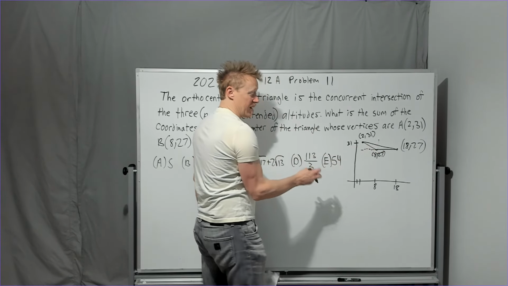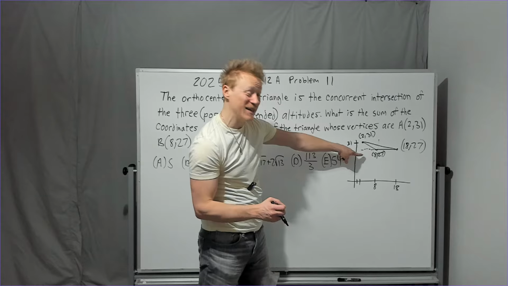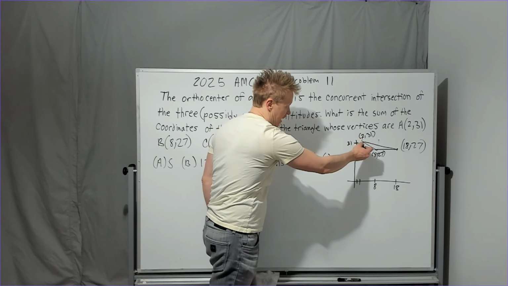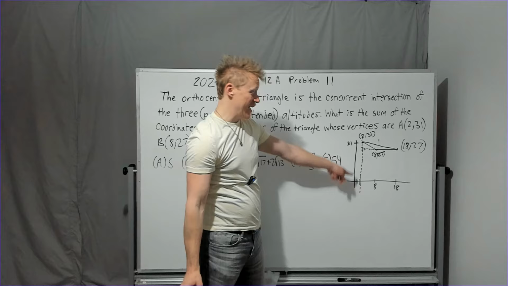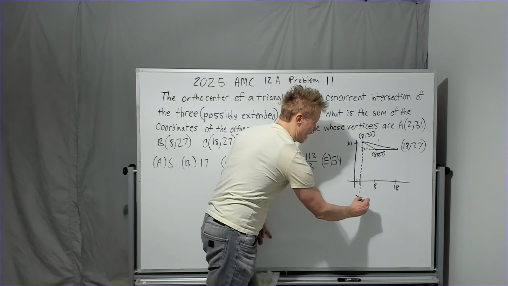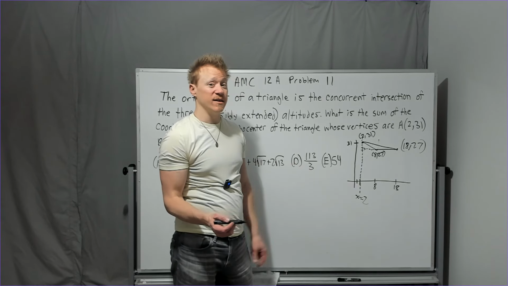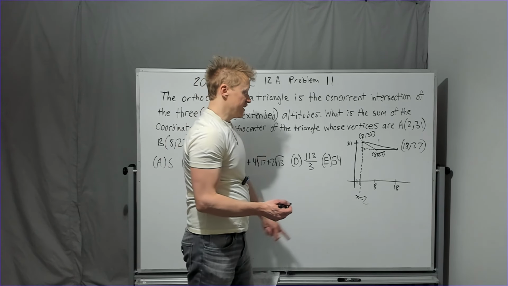If I extend out the line y equals 27, my altitude has to drop and hit it at 90 degrees, which means only the line x equals 2 will do that. And since x equals 2 is the graph of one of your altitudes, the x-coordinate of your orthocenter is definitely 2. So then it's somewhere on here.